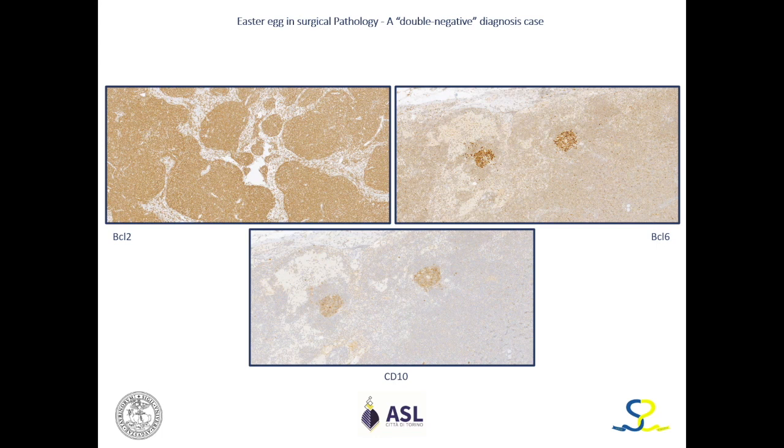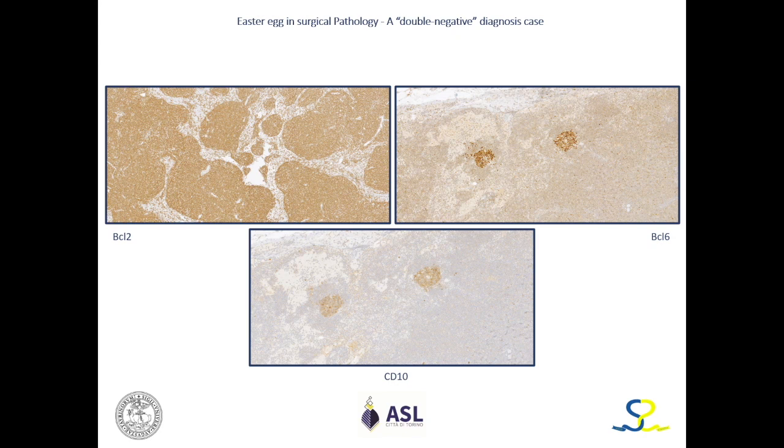Here we got the third part. BCL2 is strongly and diffusely positive, while here we also have two germinal center markers, BCL6 and CD10, and you may think that they are positive because there are these two small nodules with strong intensity, but these are not neoplastic elements.